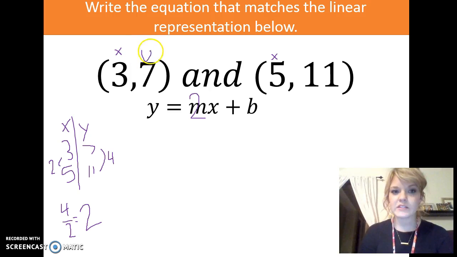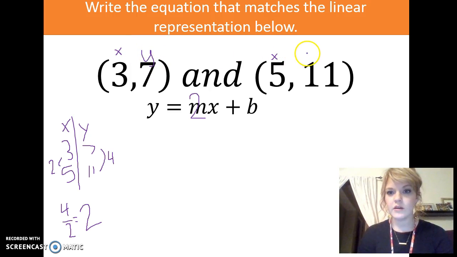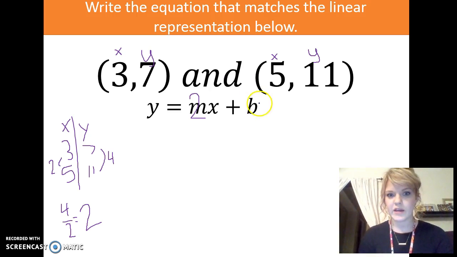You do have x and y values, okay? Both of these are x and y values. So after you find the slope, the second step is to pick a point to plug in. Either one works. I always pick smaller numbers and ones that aren't negative. That way I don't have to use my negative rules.